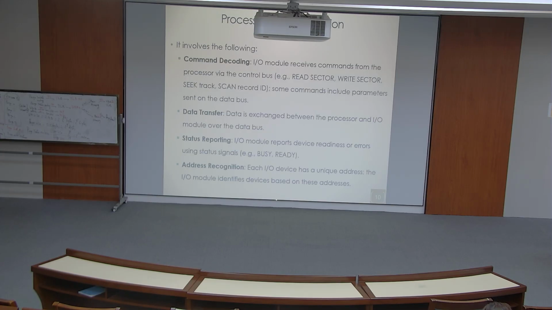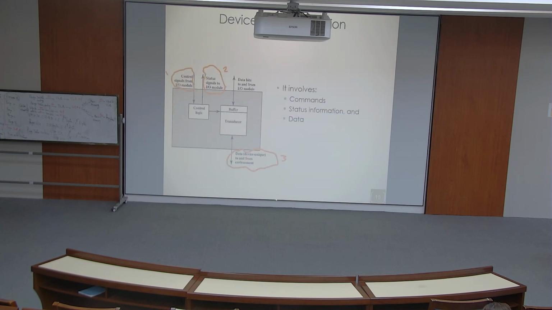As we have seen for memory communication, each memory location has a unique address, and if data needs to be retrieved from a memory location, the computer system needs to use what we call memory addresses.